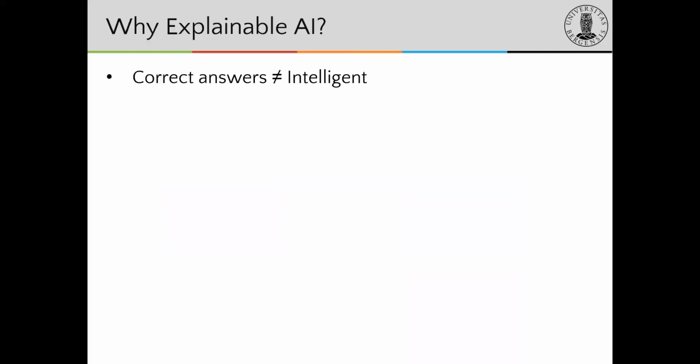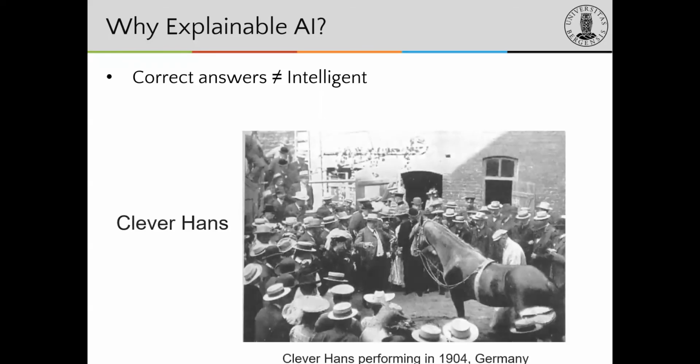So then comes the question, why do we need explainable AI? The simple answer is that sometimes the correct answers don't mean intelligence. Here I want to share an interesting story with you. This is a horse from 100 years ago in Germany, called Clever Hans. This horse was very clever because he could do simple mathematical calculations by knocking his foot on the ground.